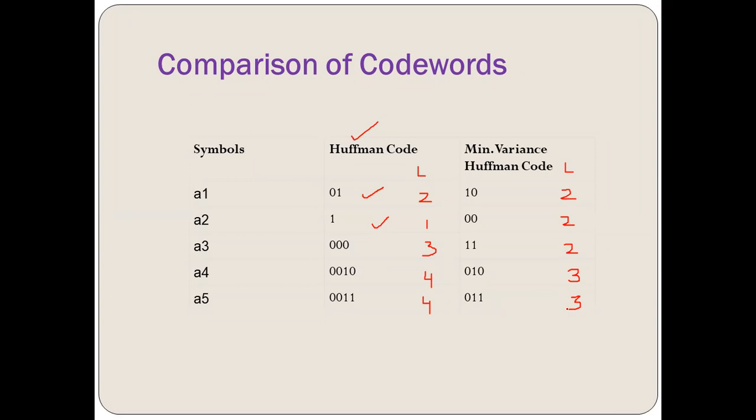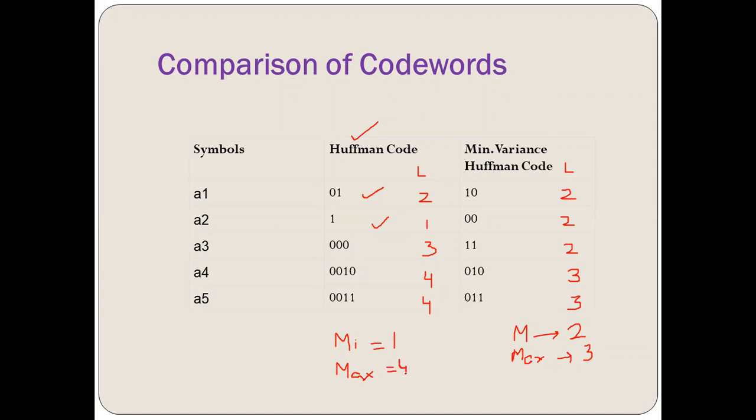Now you can see how to calculate the variance: just see the variation between the length of the code word bits. Here the minimum length is 2 of the code word, and the maximum is 3, right? Here the minimum is 1, while the maximum is 4.